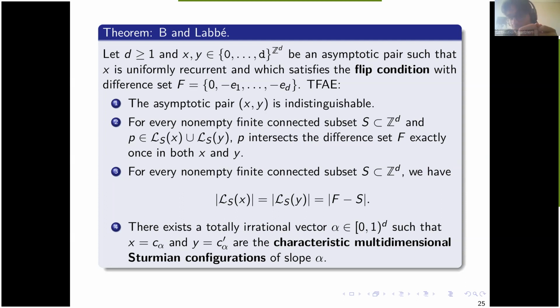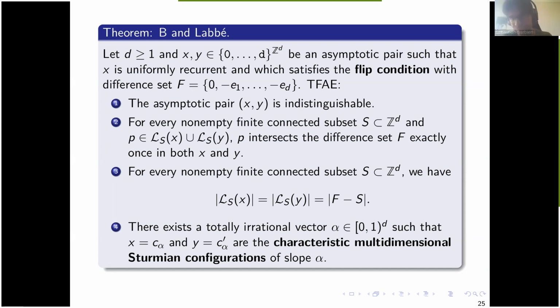I'm just taking all positions in F and subtracting all positions in S as integers in Z to the D, and I look at that set, I take its cardinality, and that's gonna give me the complexity for every finite connected support. And fourth, they are gonna be characteristic multidimensional Sturmian configurations for some totally irrational slope alpha.